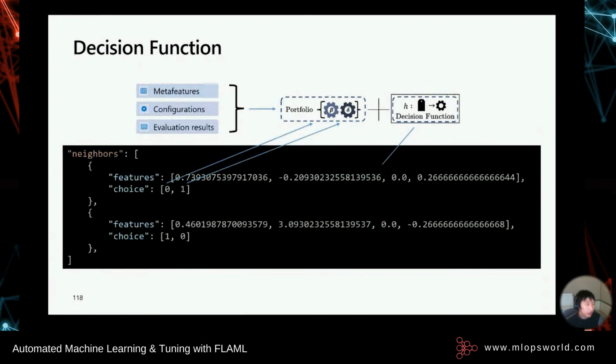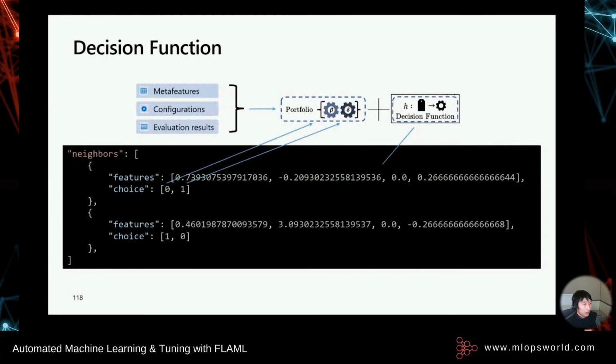FLAML will also learn a decision function based on the inputs. The decision function maps a task to a configuration. We featurize each task by meta features. The meta features are fast to compute. We use the nearest neighbor classifier to find the nearest neighbor task in our training task set. Then we follow the preference order of that nearest neighbor task over the configurations in the portfolio.